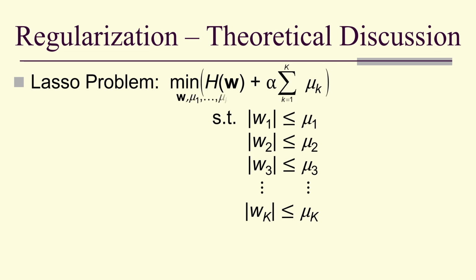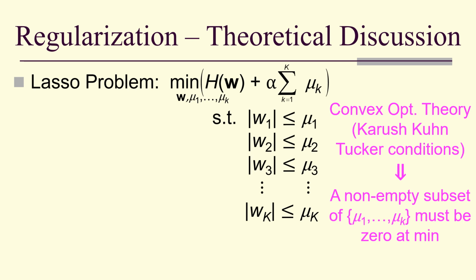That gives us more variables, but convex optimization theory, the Karush-Kuhn-Tucker conditions, will imply that a non-empty subset of the mu1 to mu K must be 0 when you reach a minimum. And if the mu's are 0, then the corresponding weights have to be 0.